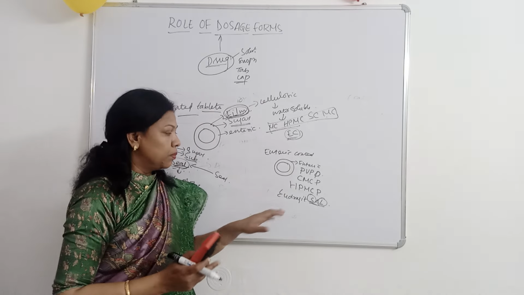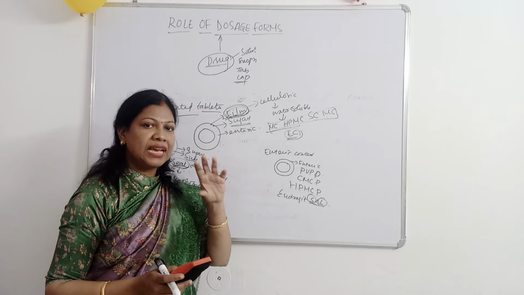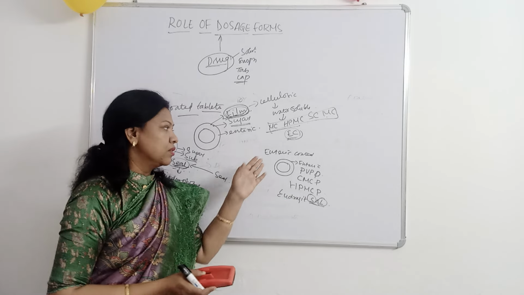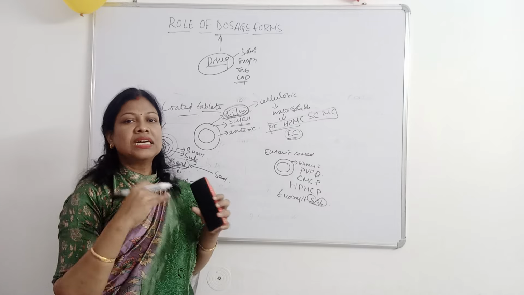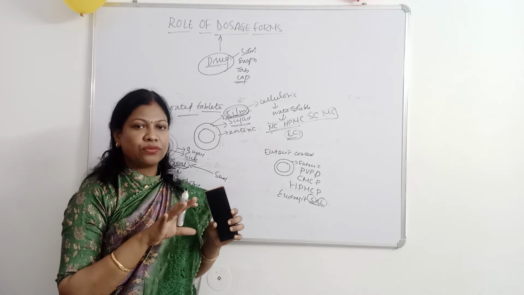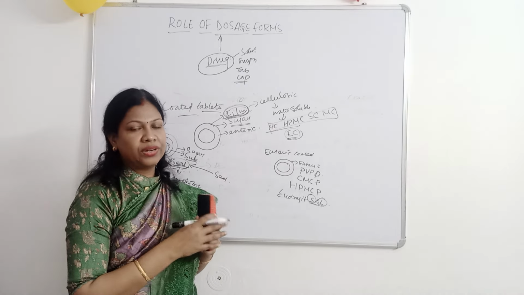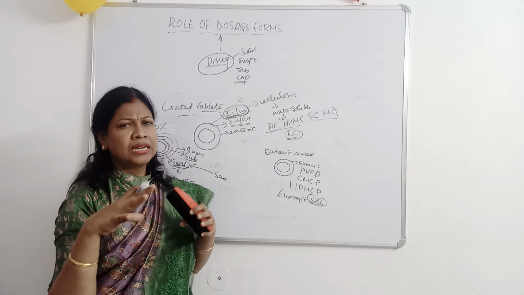It is not exactly so, but just for remembering purposes, remember the grades of Eudragit S and L like that. Since an enteric coated formulation releases the drug in the intestine and bypasses the gastric environment, that means the drug isn't released in the gastric fluid and releases the drug in the intestine.